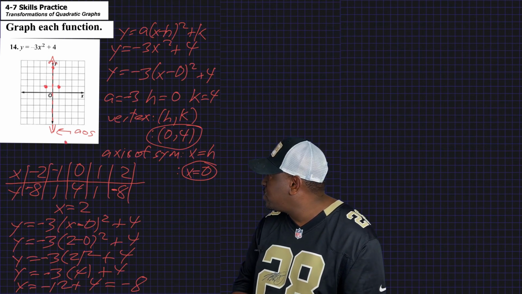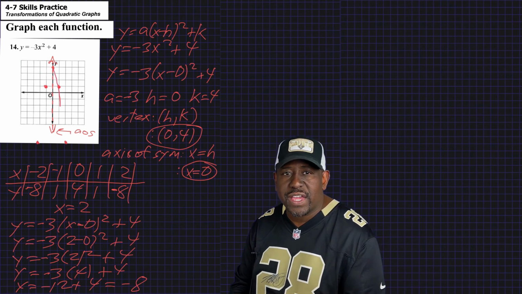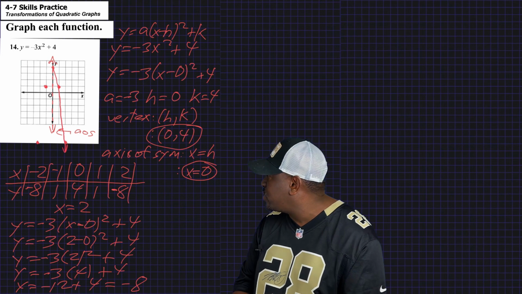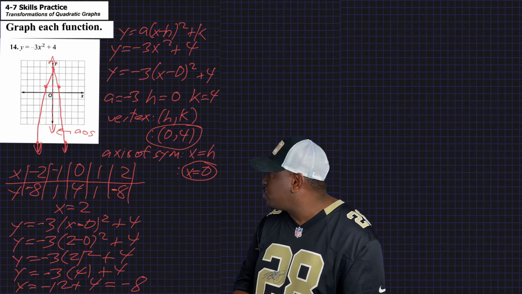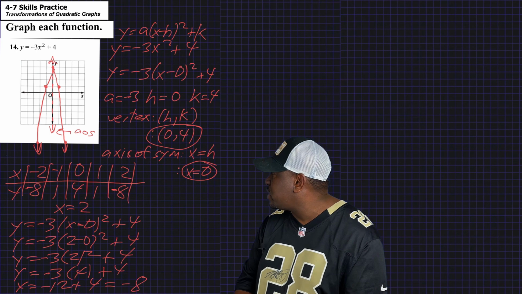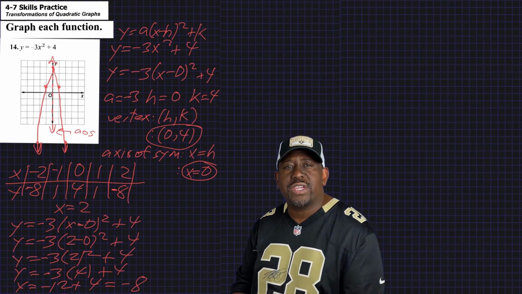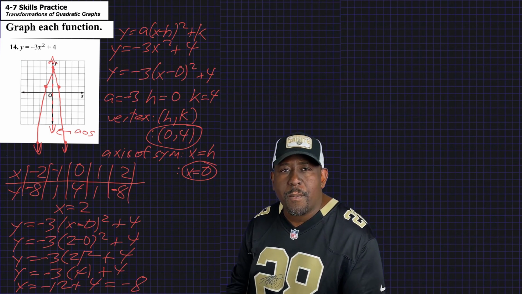And so those points will pop up. Since there's no negative, we kind of estimate the value of negative 8 since we only have 5 units down. And we now connect those points and create our parabola, which indicates the end of the problem because we have graphed this function correctly.